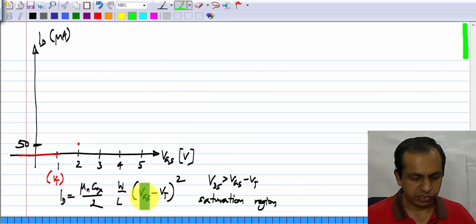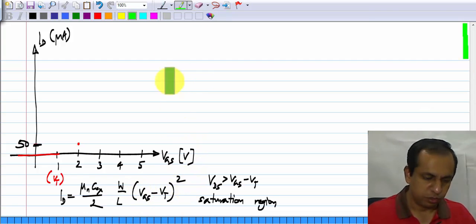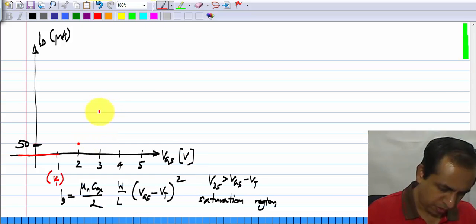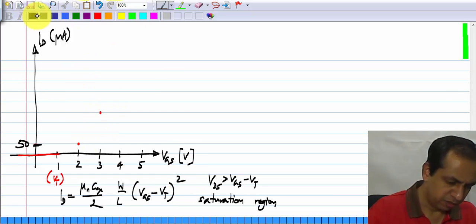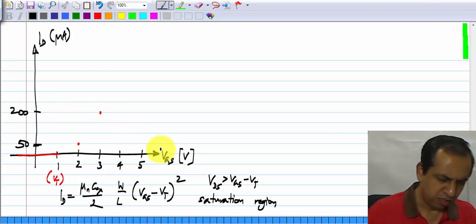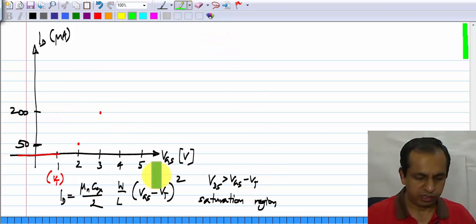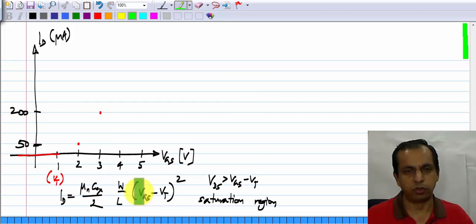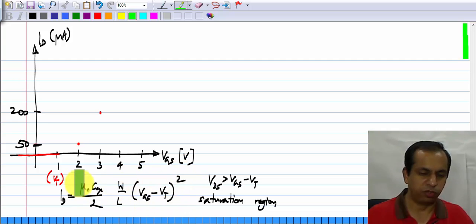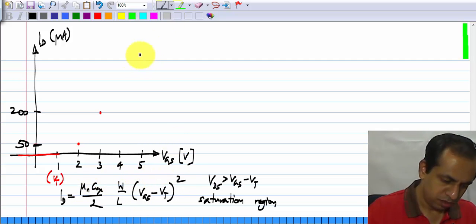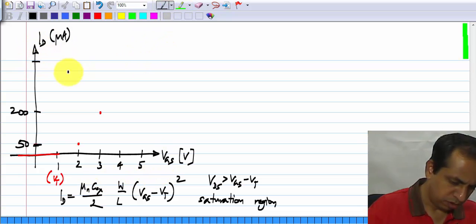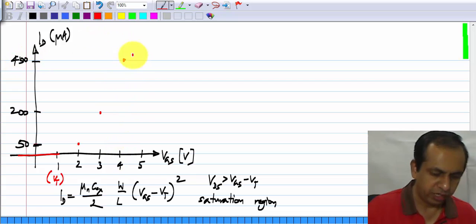Similarly, if VGS is 3 volts, VGS minus VT whole squared will be 4 volt square, so we will get 200 microamperes. And if VGS is 4 volts, VGS minus VT whole squared will be 9 volt square, and this product will be 450 microamperes, and it will keep going.